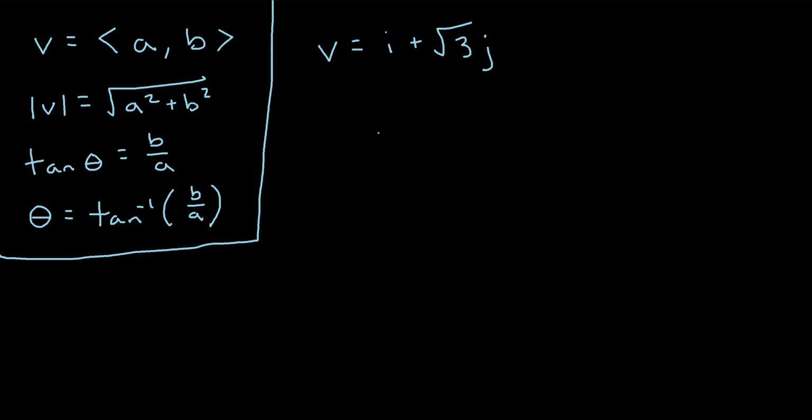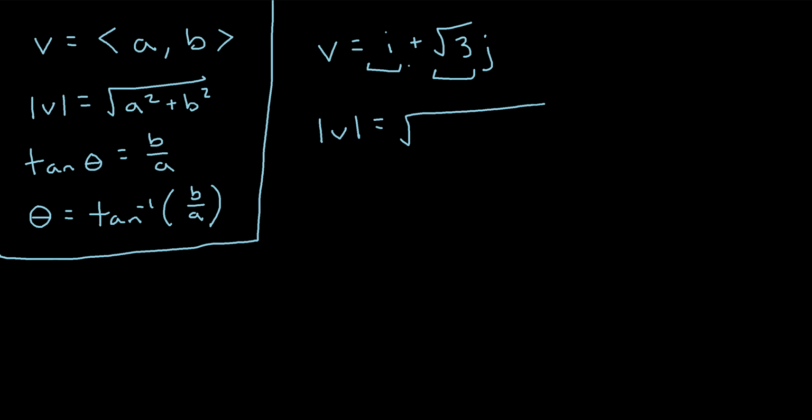Let's say we're told that a vector has the following component form: i plus the square root of 3 times j. Now sometimes a vector will be written like this in component form, where the first chunk is the horizontal component and the second chunk is the vertical component. So if we want to find the magnitude and direction of this vector, we can say the magnitude is equal to the square root of a squared plus b squared.